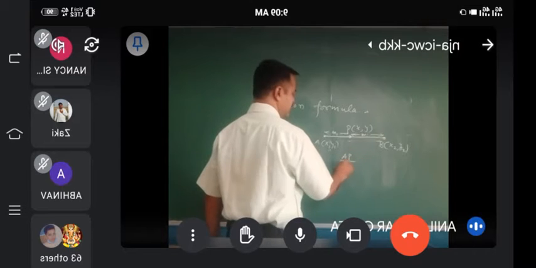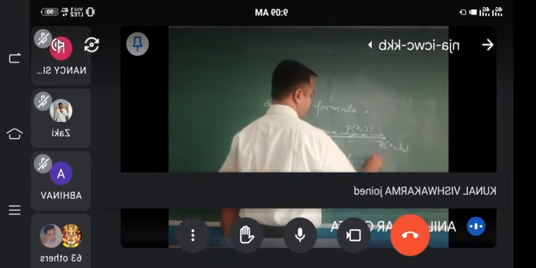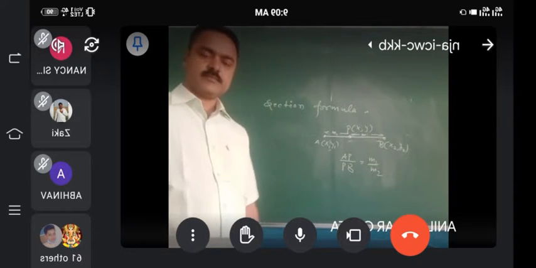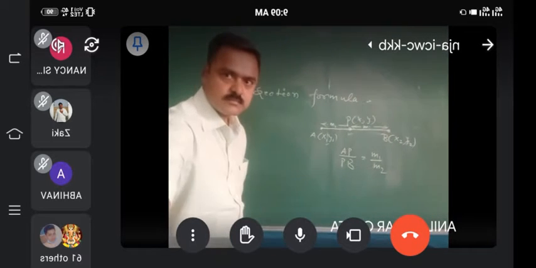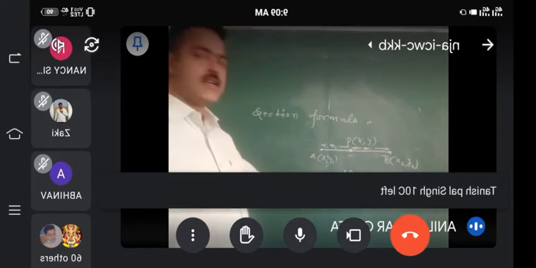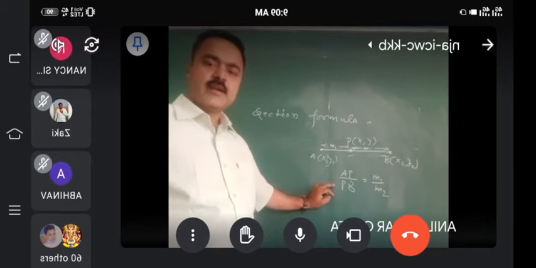AP upon PB equals m1 upon m2. It is given AP upon PB equals m1 upon m2.